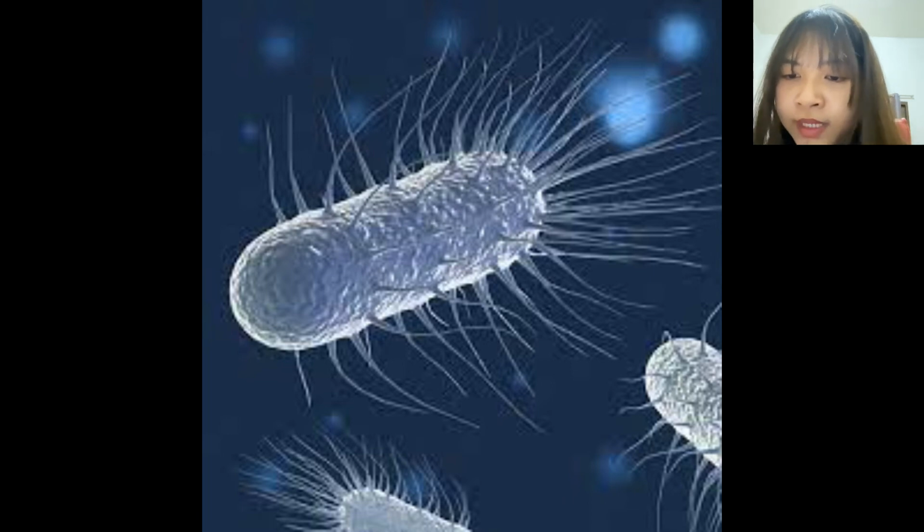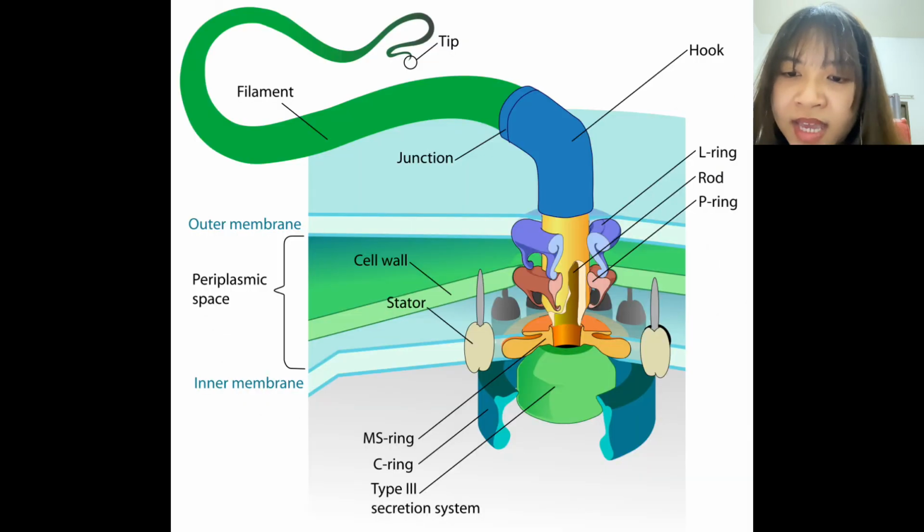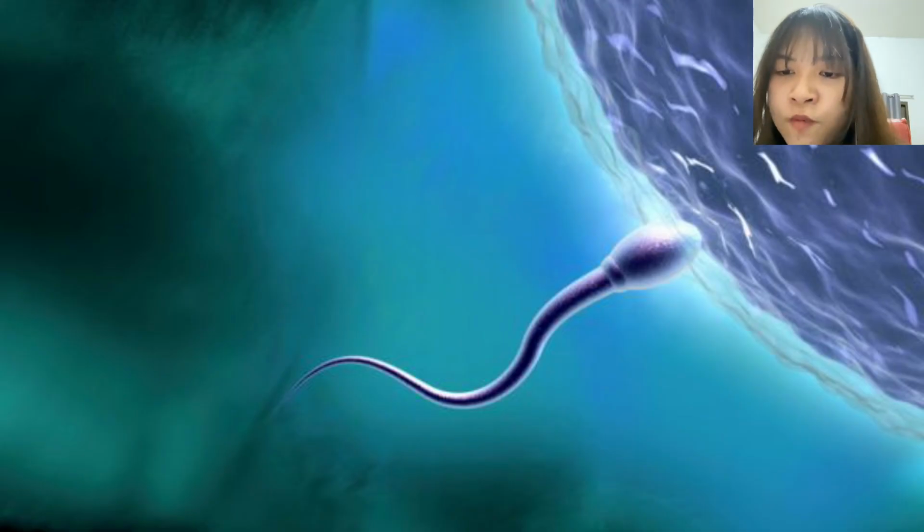Another unique feature is the flagella. Some bacteria have flagella. A flagellum is like a little tail that can help a cell move or propel itself. The only human cell that has a flagellum is a sperm cell.